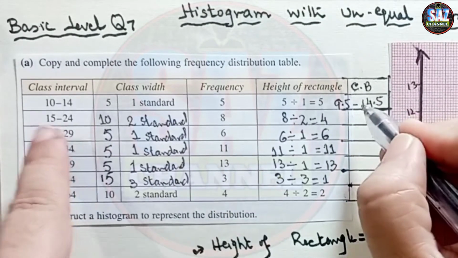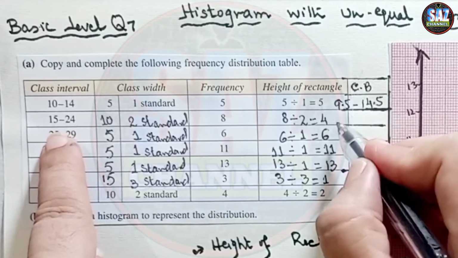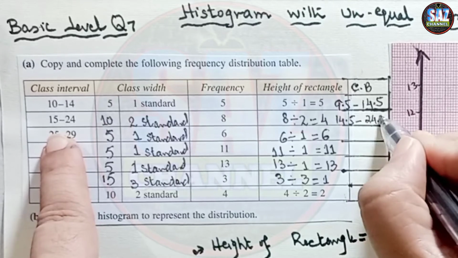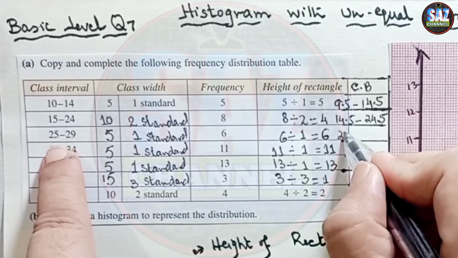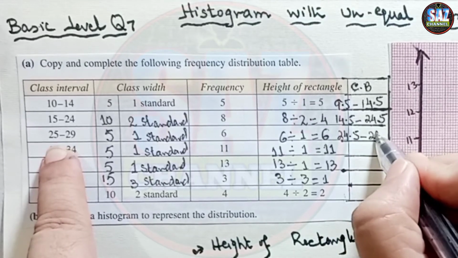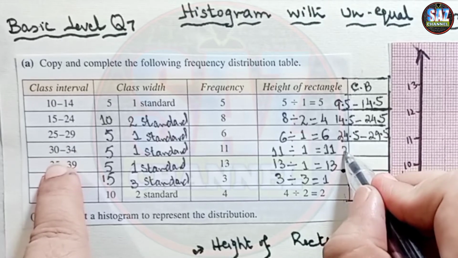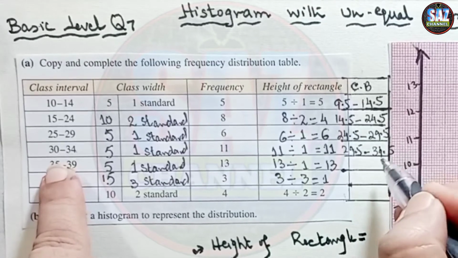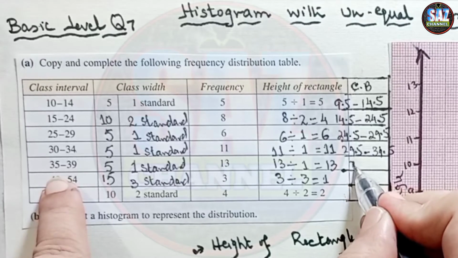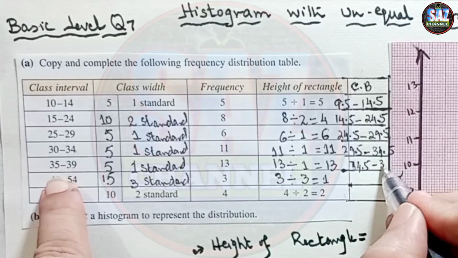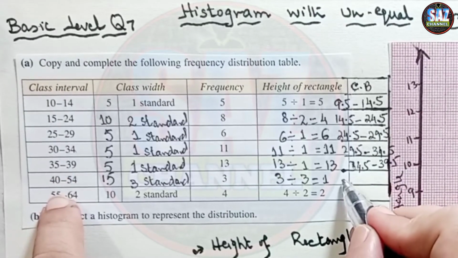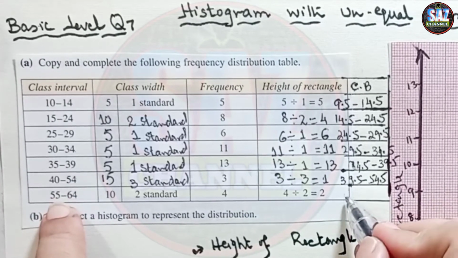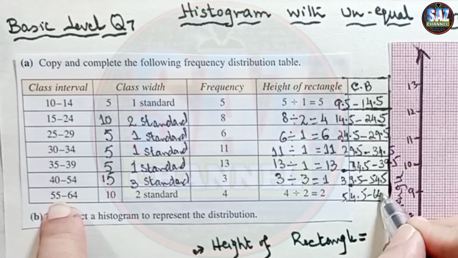We have to add that 0.5 to the upper class limit of the same class, then 14.5 to 24.5, then 24.5 to 29.5, then 29.5 to 34.5, then 34.5 to 39.5, then 39.5 to 54.5, and 54.5 to 64.5.